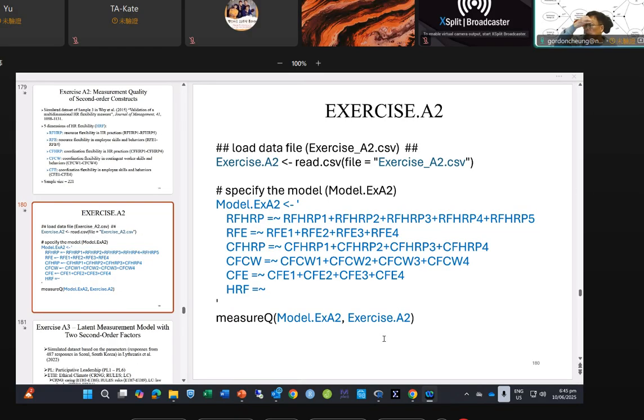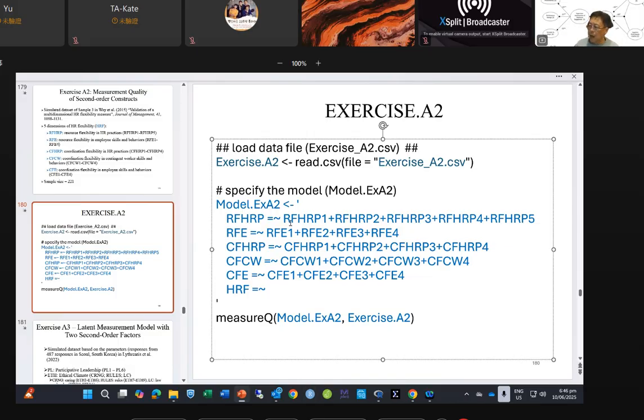So how can we define second order factor in MeasureQ? So the first line is to read the data file. In the model, I have not completed. The first 5 lines are simply the first order factors.